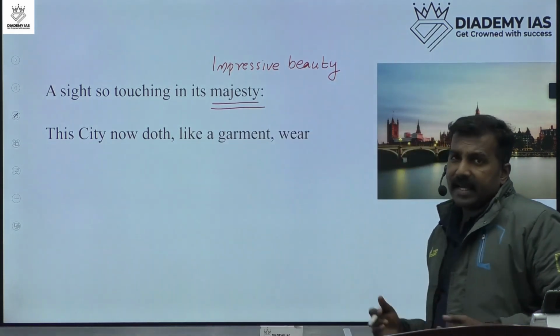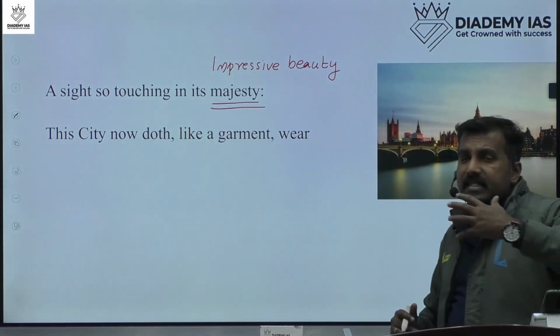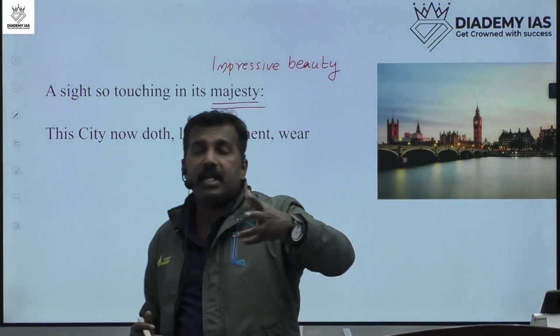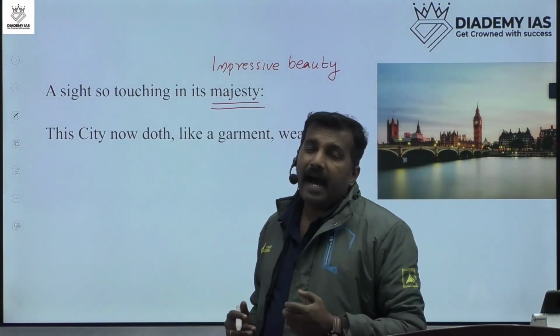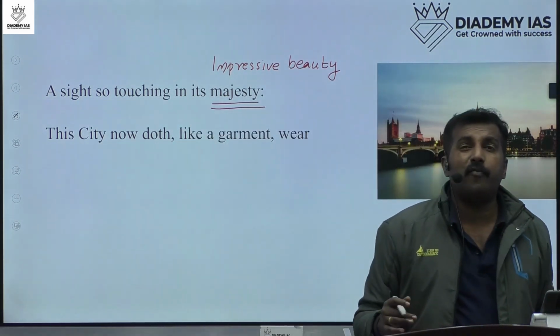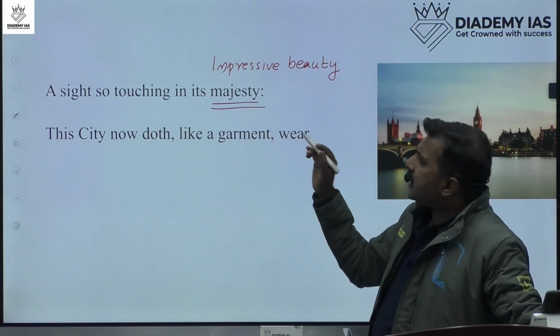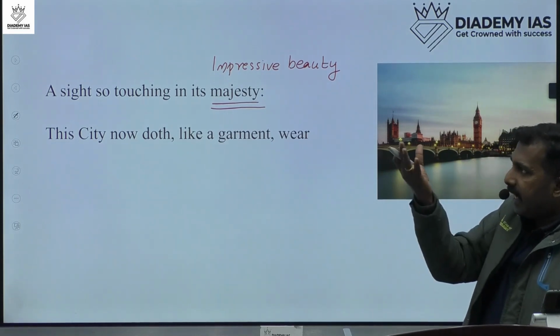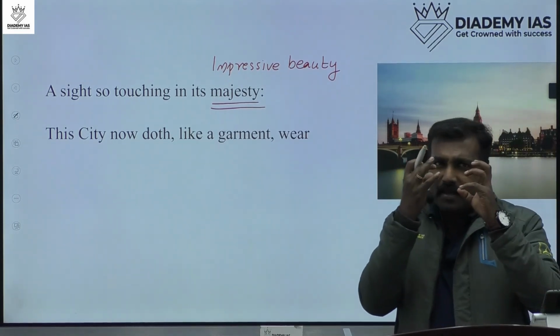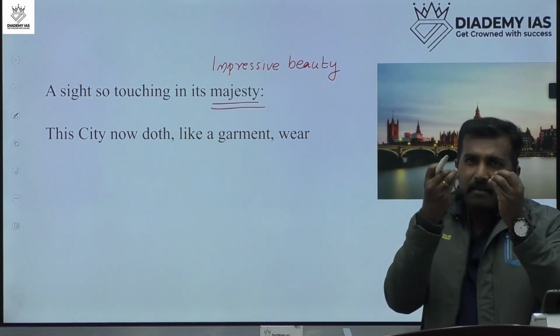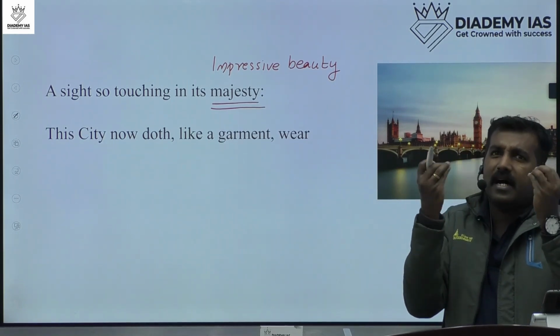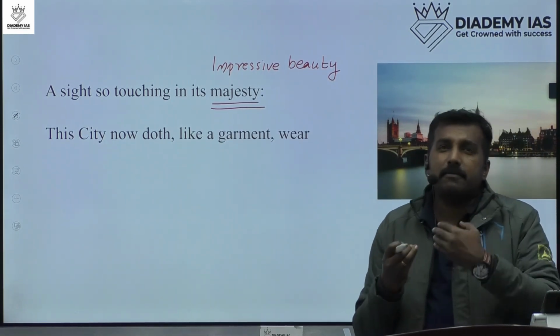But from the third line onwards, the poet starts explaining the beauty of the city London and the beauty of Westminster Bridge in England. Okay. So the sight is so touching, meaning some views touched the poet's mind.